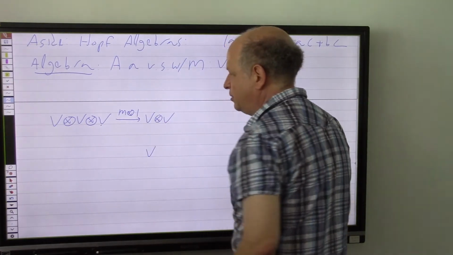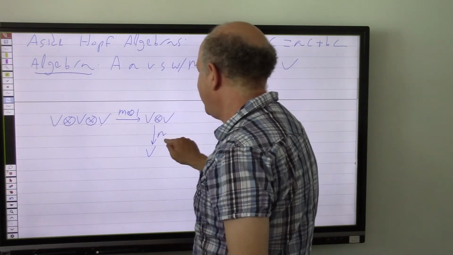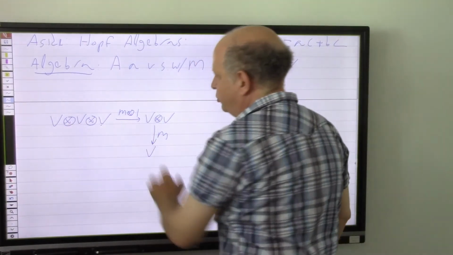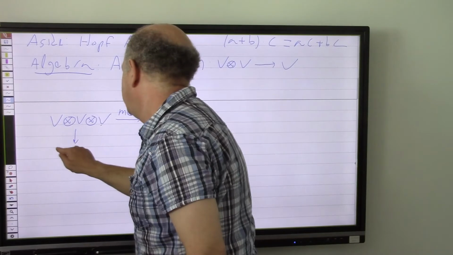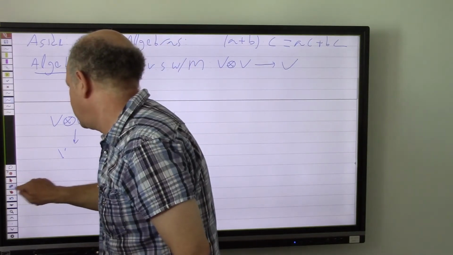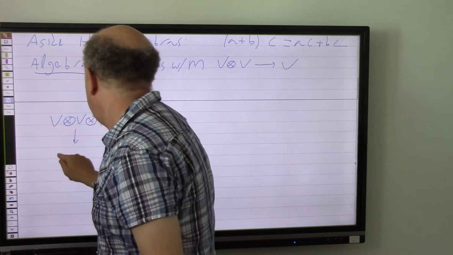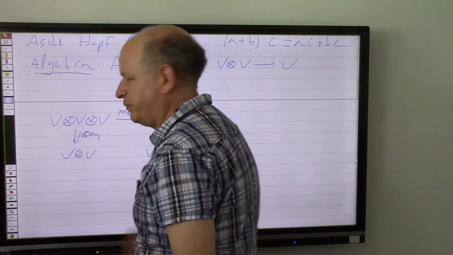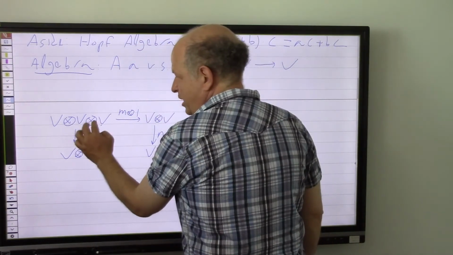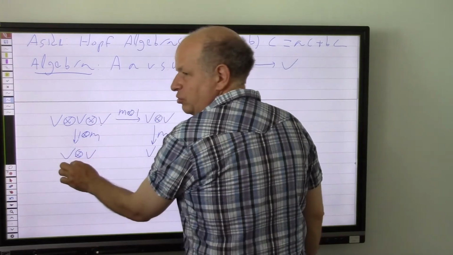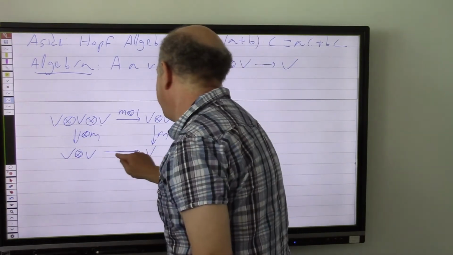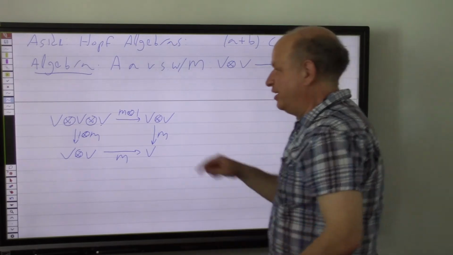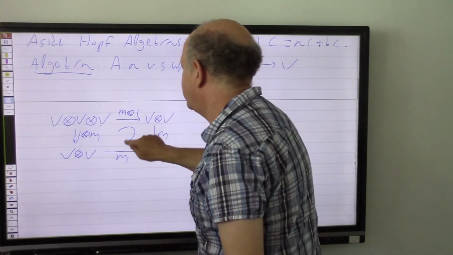And then you can apply M from V tensor V into V, and you went all the way from V cubed to V. Alternatively, I could have gone into V tensor V by applying 1 tensor M, so by applying multiplication to the last two factors and the identity to the first, and then again applying M to get to V. So the associative law is the fact that this diagram is commutative.